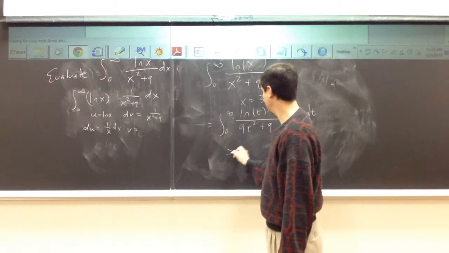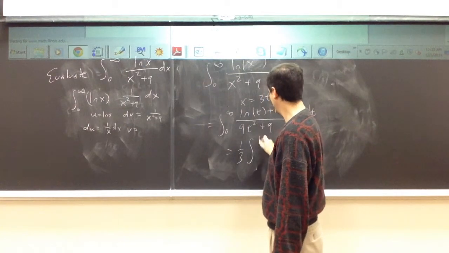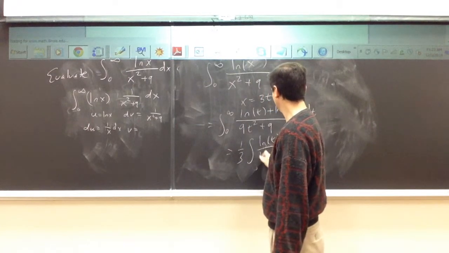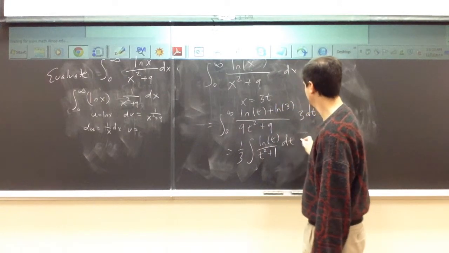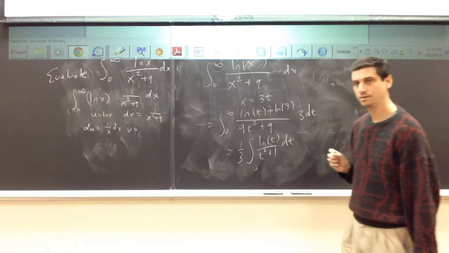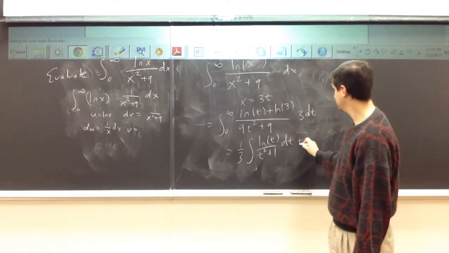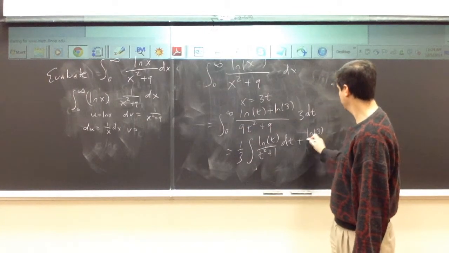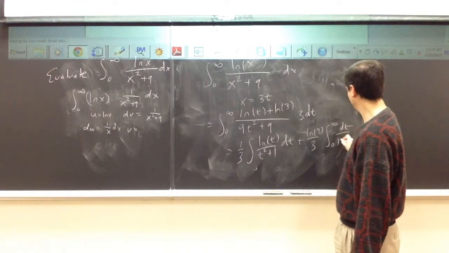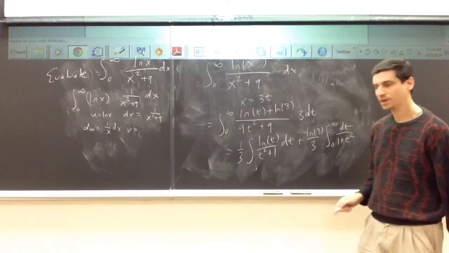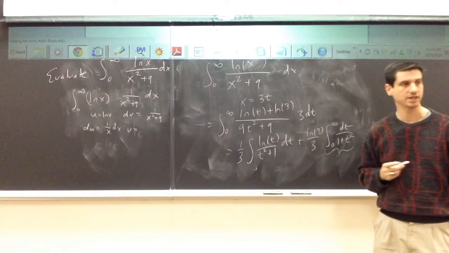So we can pull out a third, and we'll have the integral of the ln of t over t squared plus 1 dt, and then we'll have plus a natural log of 3 over 3, the integral from 0 to infinity of dt over 1 plus t squared. But we know how to evaluate this integral with arctangent.